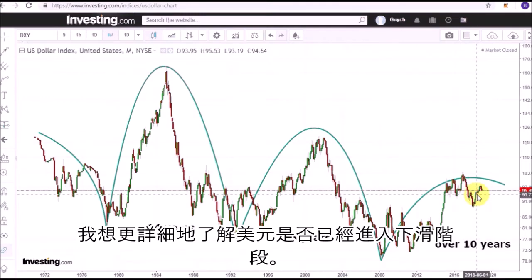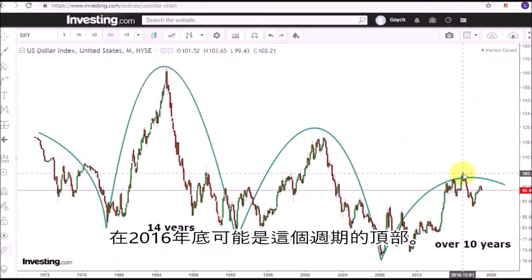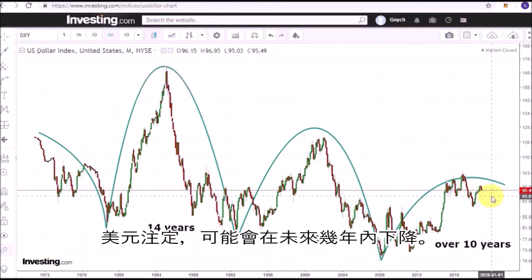And what I want to look at in slightly more detail is whether the dollar has already entered its declining phase, meaning that the recent 102 or 103 level on DXY at the end of 2016 might have been the top for this cycle, and the dollar is destined probably to go down over the next several years.